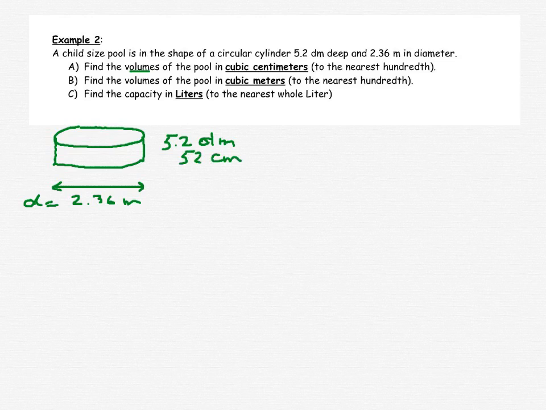The diameter is 2.36 meters, so 236 centimeters. And you're going to be required to have the radius, which is half of the diameter. So 236 divided by 2 is 118.